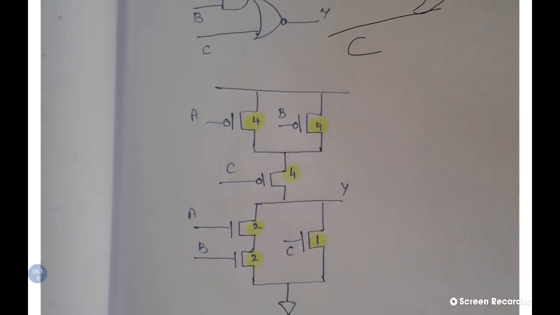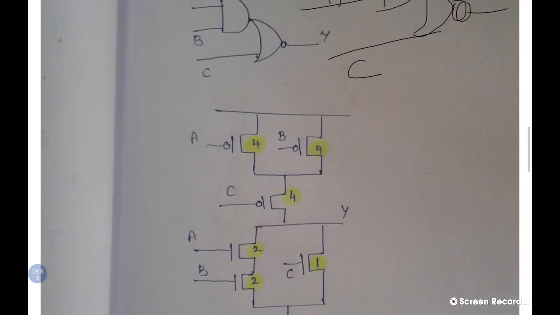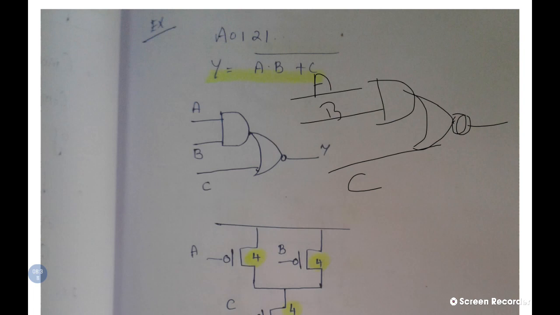Whenever two inputs are ANDed, you have to connect the MOS in series. First, take the MOSes for the pull down network and complete the diagram for the pull down network. Since two NMOSes are in series, I connect the two inputs A, B in series. Okay. And then you see the circuit for the function A·B. So we connected two NMOS in series for inputs A, B.